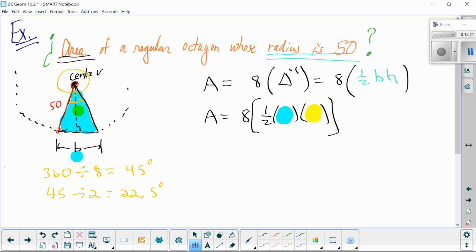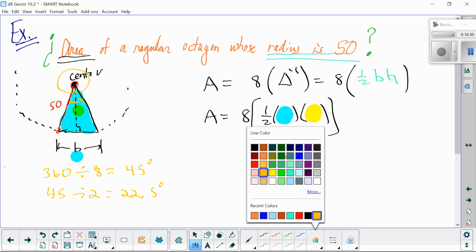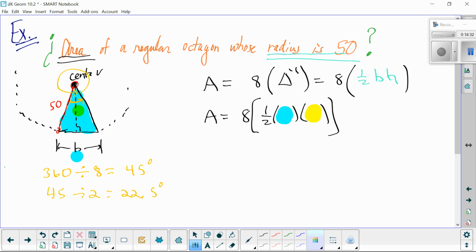All right, now we can find these circles, this one and that one. Let's do the green one first. If we park at that 22.5 degree angle, SOHCAHTOA uses the green dimension, which is this long leg, and the hypotenuse. But when you're parked at this angle right here, which is 22.5 degrees, that's adjacent and hypotenuse.